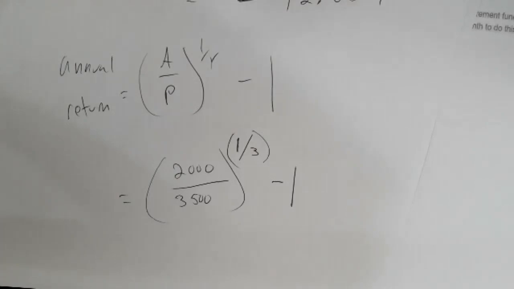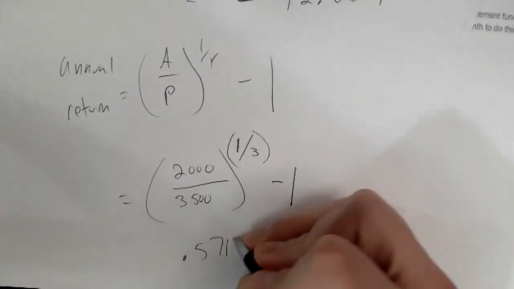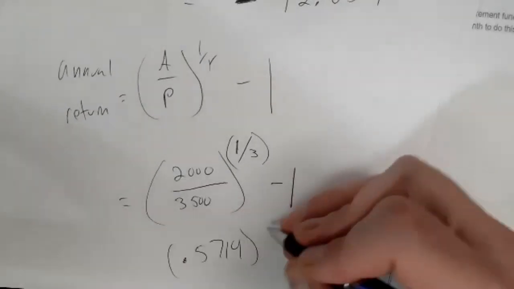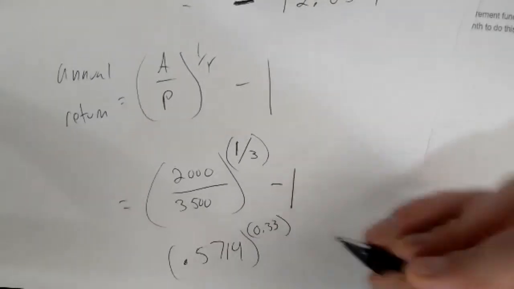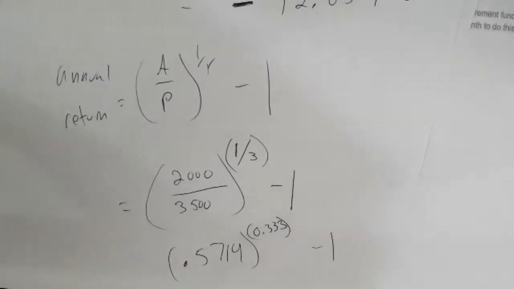I'm doing 2,000 over 3,500, which gives me like 0.5714. And I'm raising this to the 0.333 repeating. Probably just doing 0.333 is pretty close. Let's see. 0.5714, and we'll raise this to the 0.333. Subtract 1.